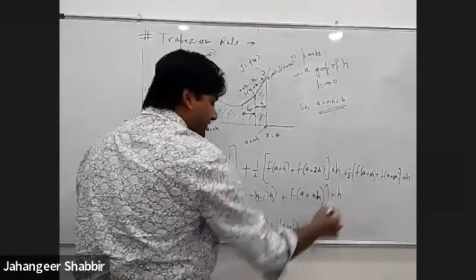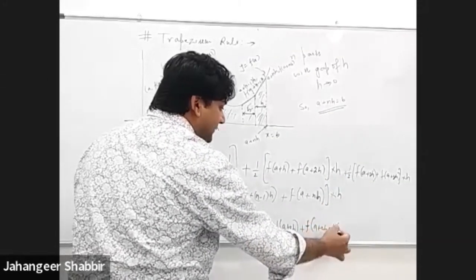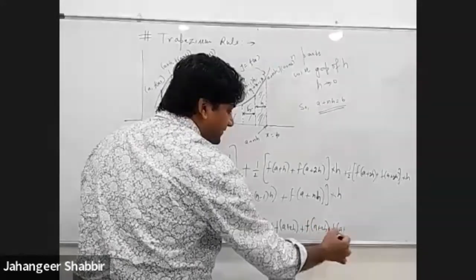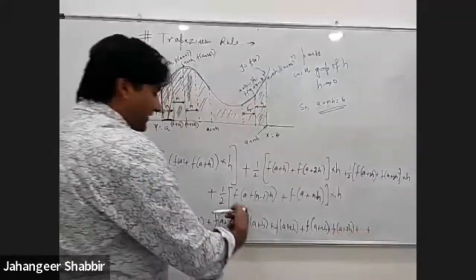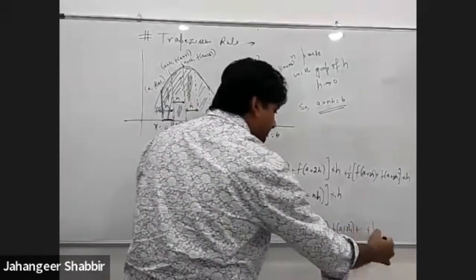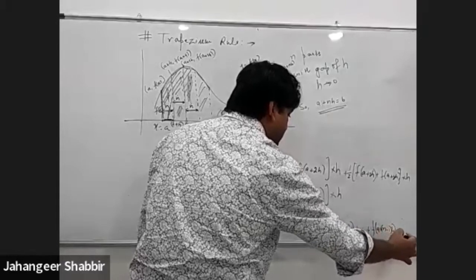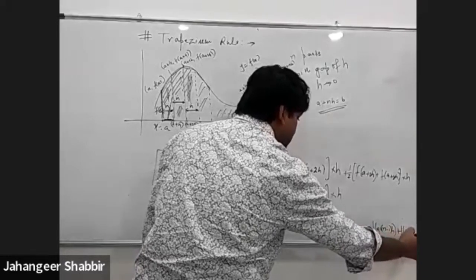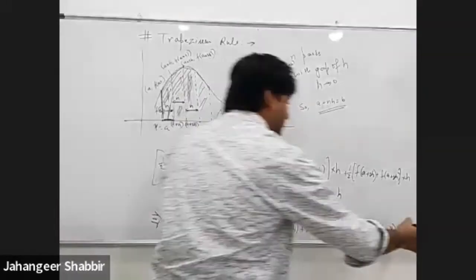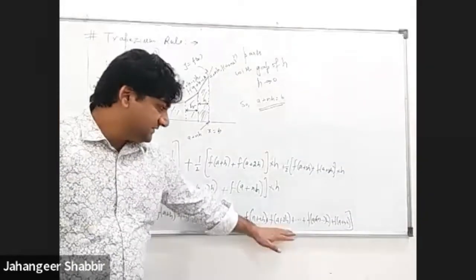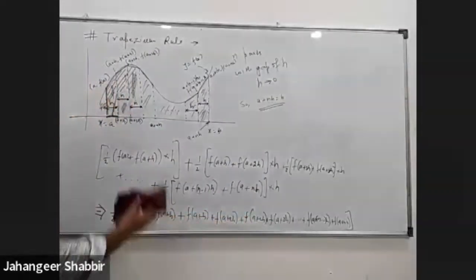What we got from here? f of a plus 2h and f of a plus 3h, and then dot dot dot. What we got in the end? f of a plus n minus 1 h plus f of a plus nh, right? We got that. Okay, great. Guys, after this, I'm going to erase and I will write this part again.